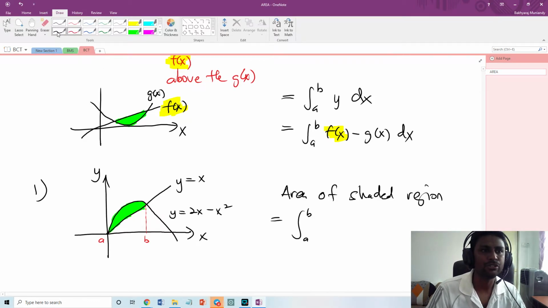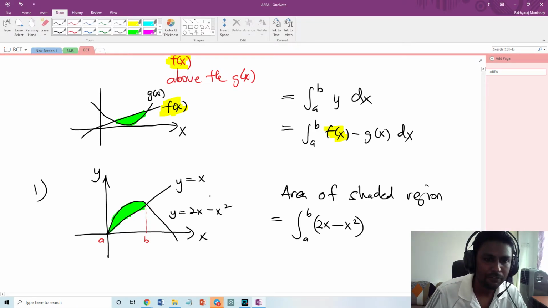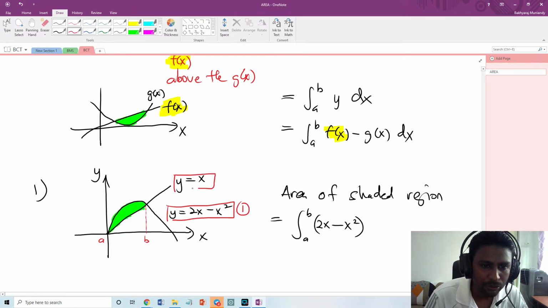Yes, very good. So your 2x minus x square will come first. Here you substitute 2x minus x square. This is our first function, number 1, and this one is number 2.